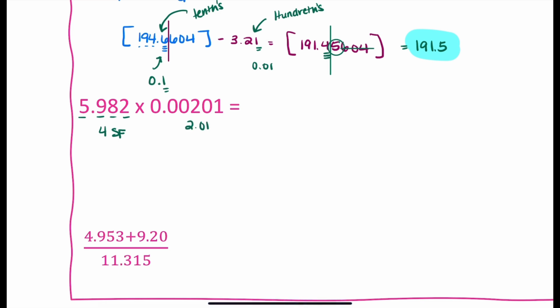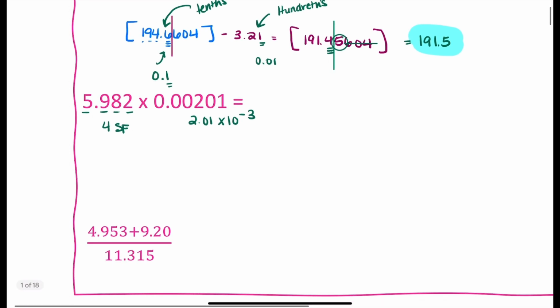If I put this number into scientific notation, I would have 2.01 times 10 to the negative 3. All of those leading zeros have disappeared. They are not significant. My number only has 3 sig figs. Captive zeros, meaning the zeros in the middle, captive zeros are significant. I do keep that. So overall, this has 3 sig figs to it.